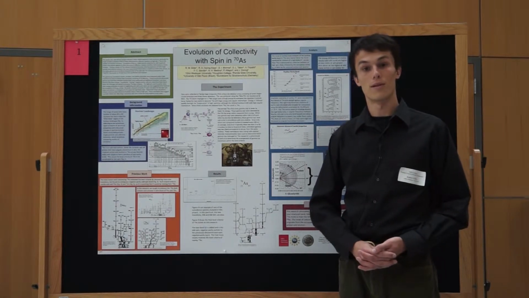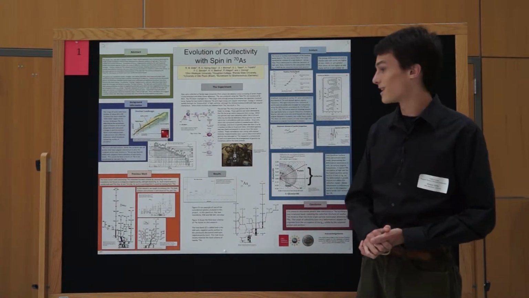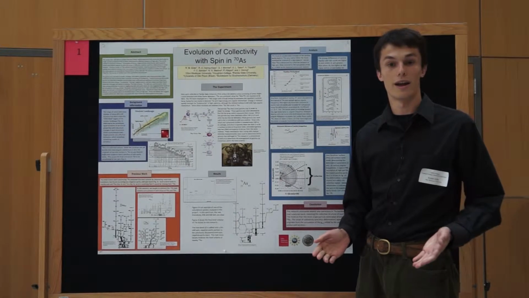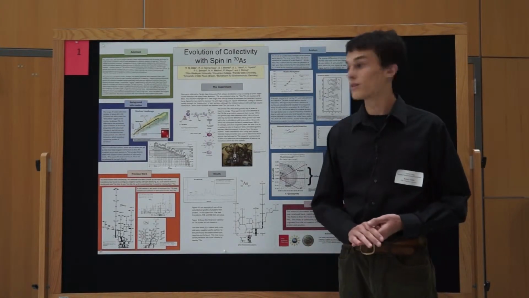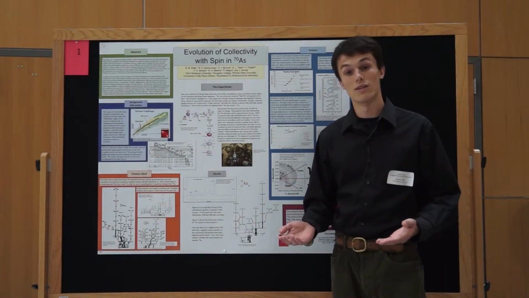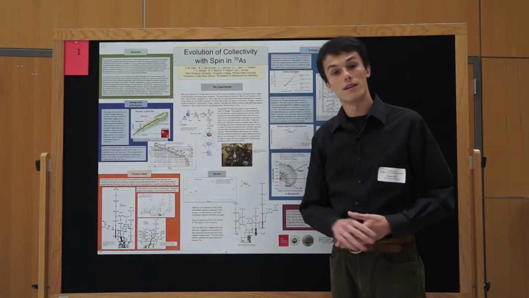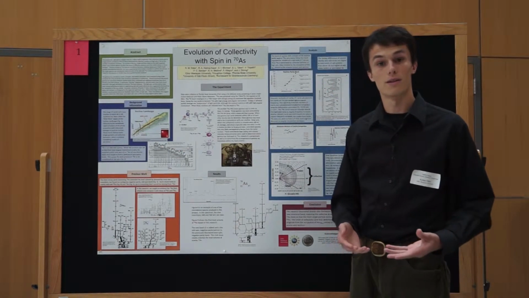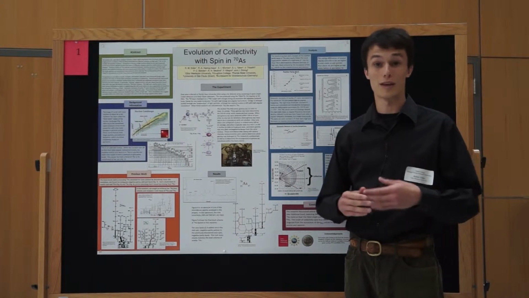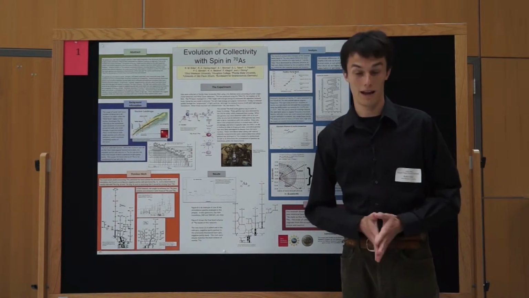Arsenic-70 is also a member of the Wild West region of the nuclear landscape. This encompasses nuclei with mass number of about 60 to 80. This region is especially interesting because it represents a transition between single particle behavior and collective behavior.